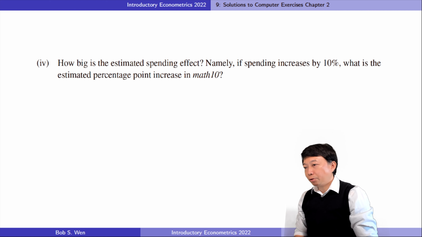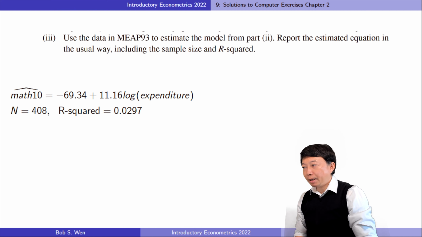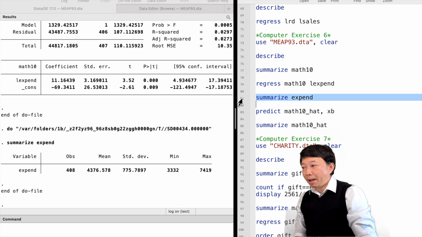For the fourth question, if spending increases by 10%, the estimated percentage point in mass pass rate increases by 1.1 percentage points on average. The average spending per student is around $4,300, and a 10% increase in spending is around $430 per student.